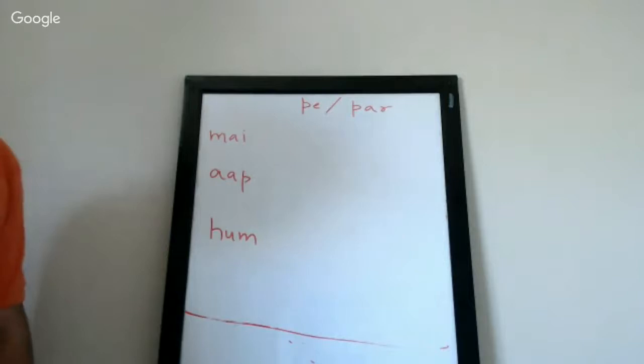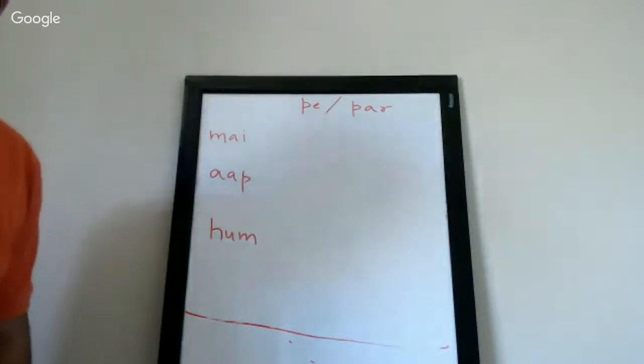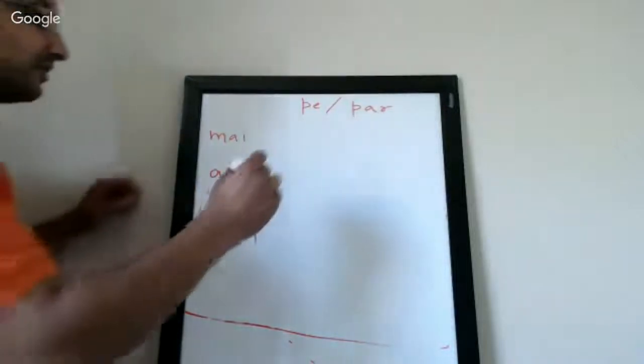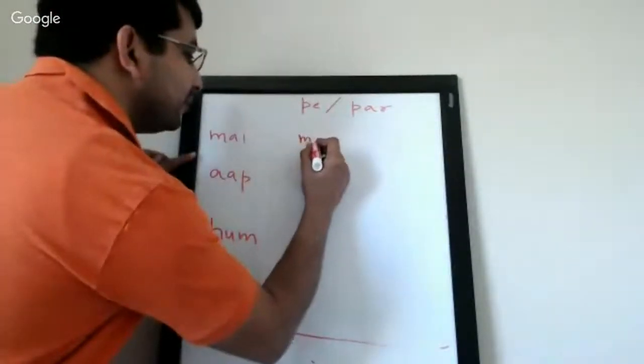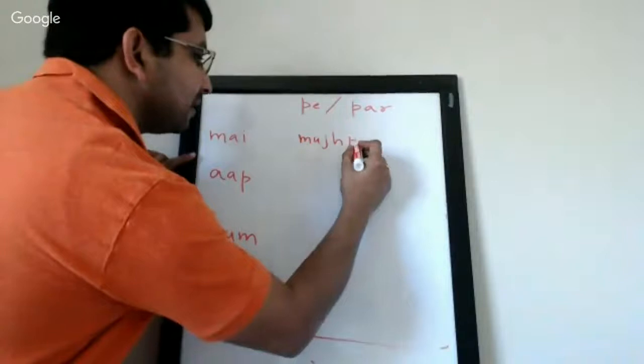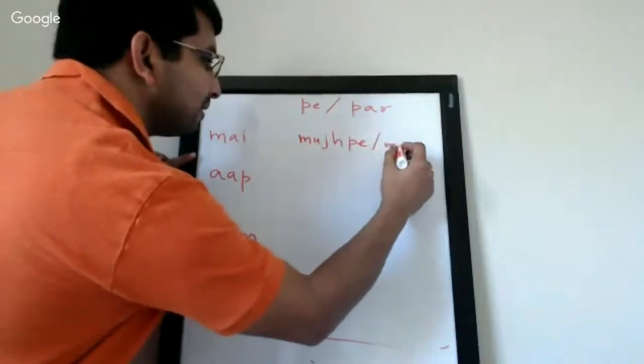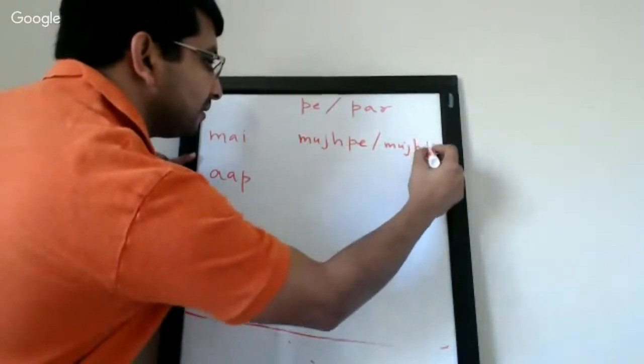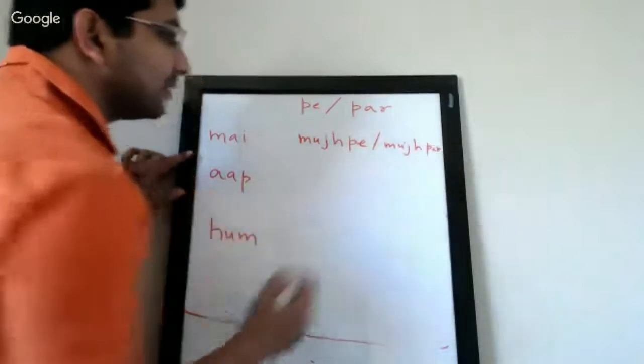I think you will be able to do it. मुझ पे और मुझ पर, very good. So it would be मुझ पे, मुझ पर.